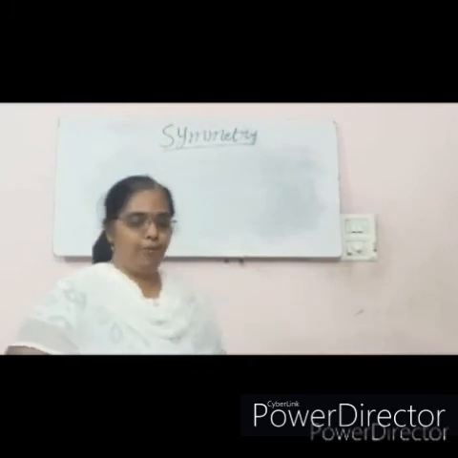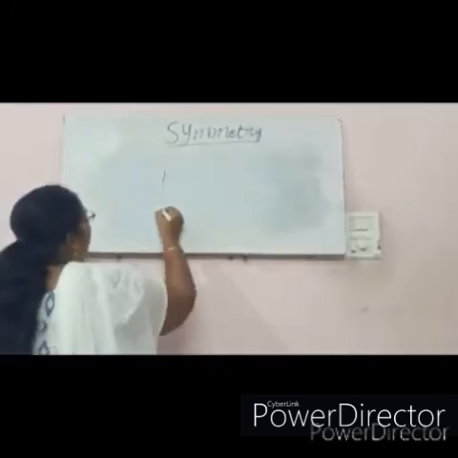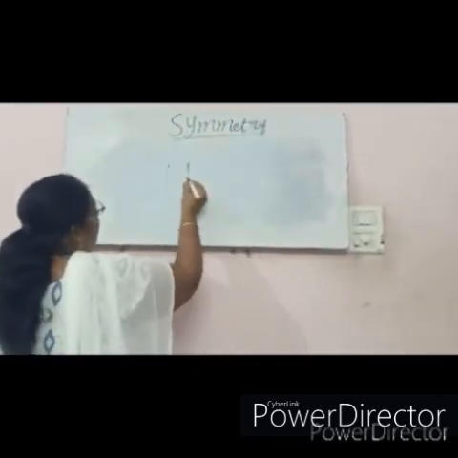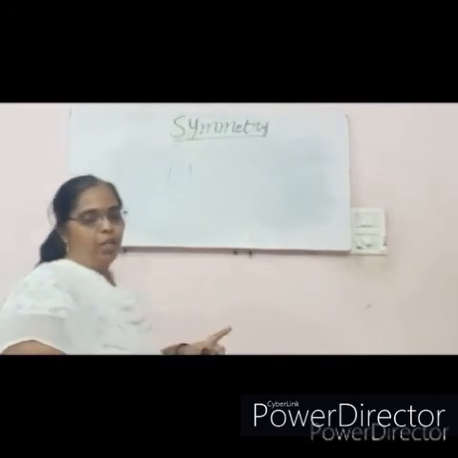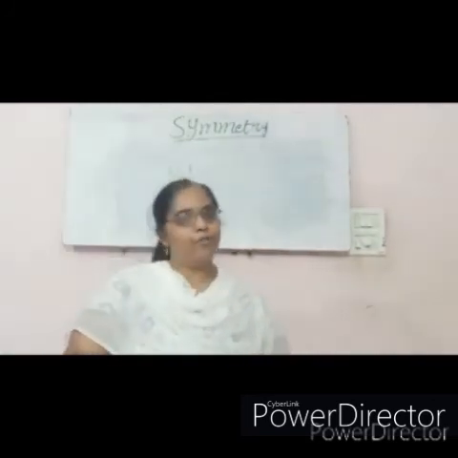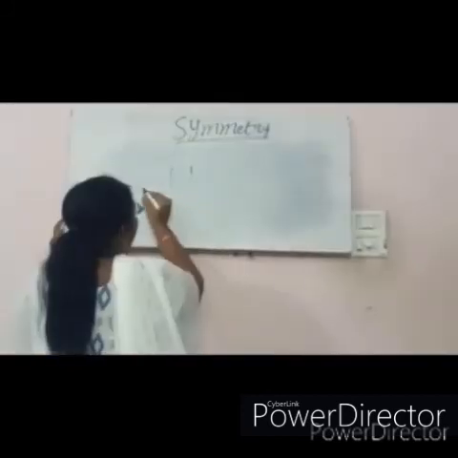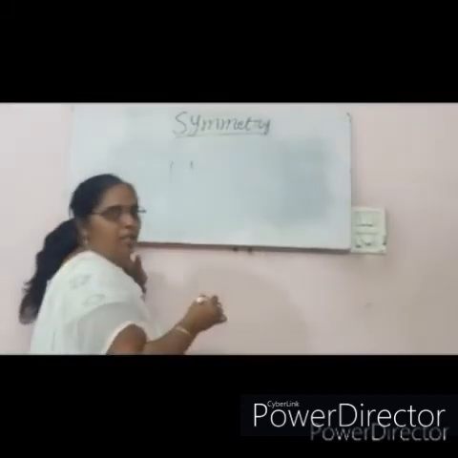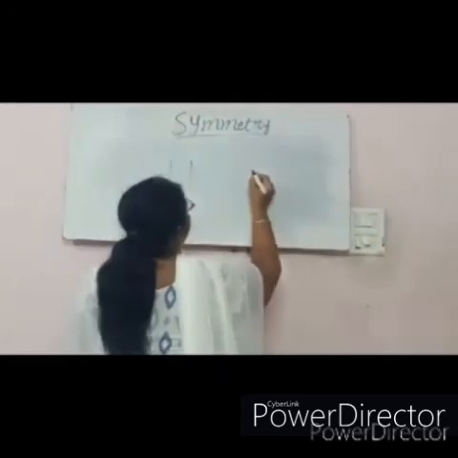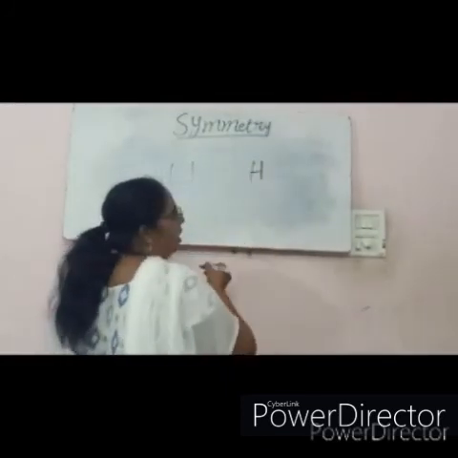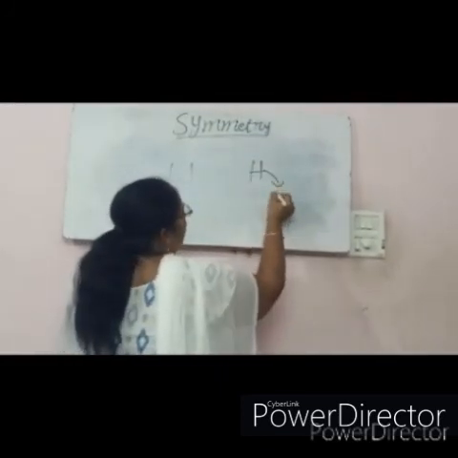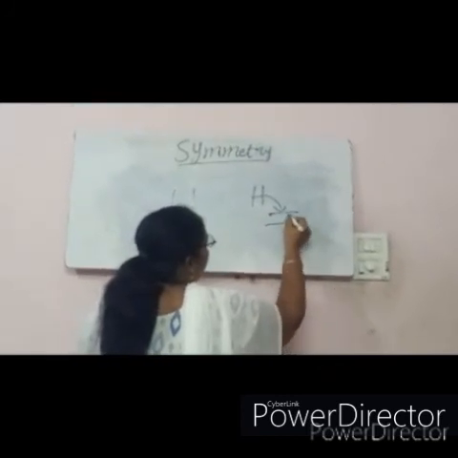For example, if you take H as a letter, then for this letter you have both a line of symmetry and also a rotational symmetry. See, this is a line of symmetry for this figure and it has a rotational symmetry. This is the original position of H, and if I rotate, it becomes like this.